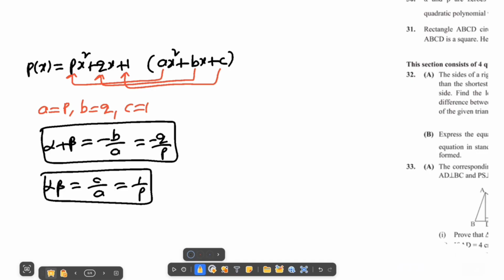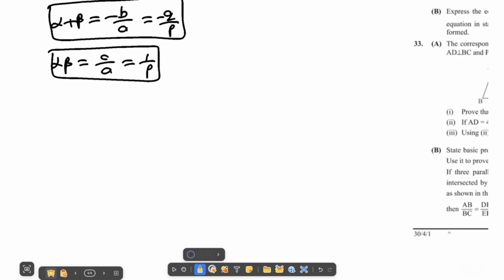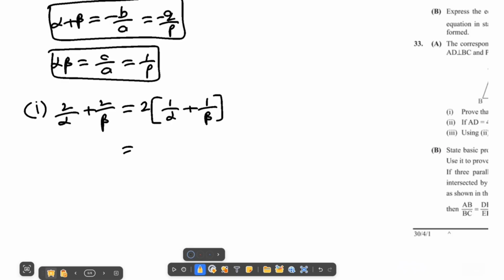So we have to find a quadratic polynomial whose zeros are 2 by alpha and 2 by beta. Let's find the sum of zeros. So 2 by alpha plus 2 by beta. If you take 2 common, we get 1 by alpha plus 1 by beta. Now cross multiplication: 1 into beta, 1 into alpha, so beta plus alpha by alpha into beta.